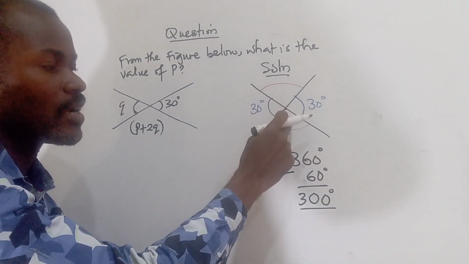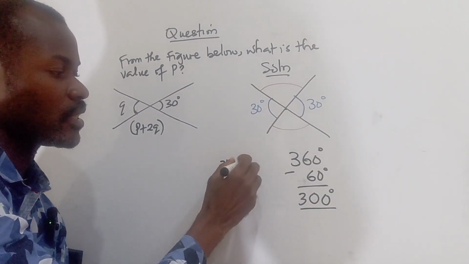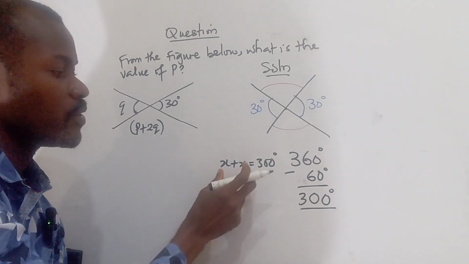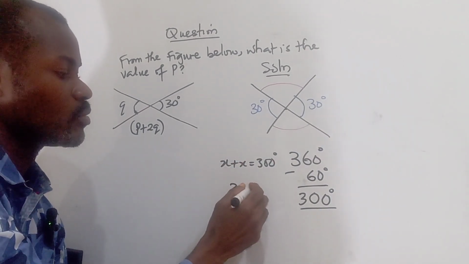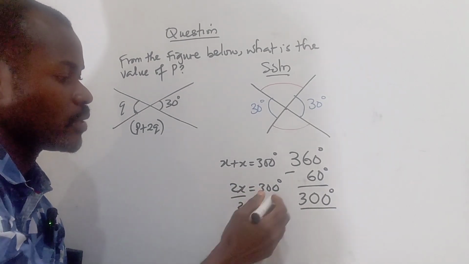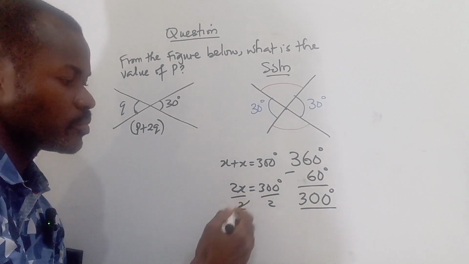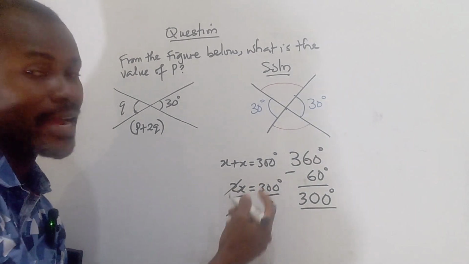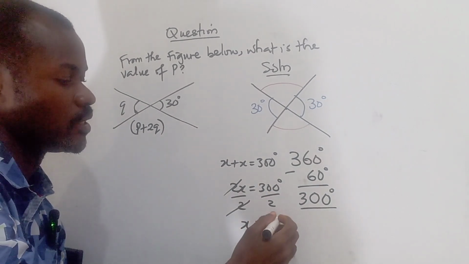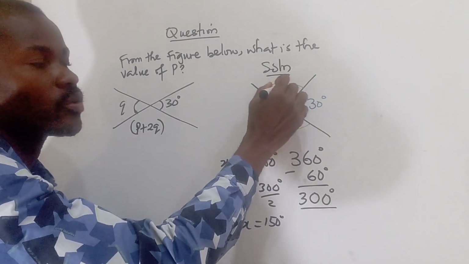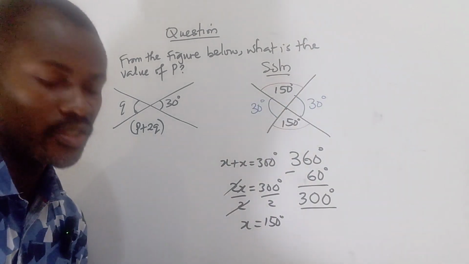If I call this x and call this x, it means x plus x is 300 degrees. So this is 2x, which is 300 degrees. I divide this by 2, divide this by 2, I'm left with x. So 300 divided by 2 is 150 degrees. So it means this is 150 degrees and this is also 150 degrees.